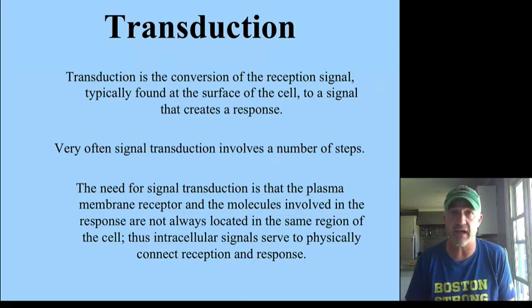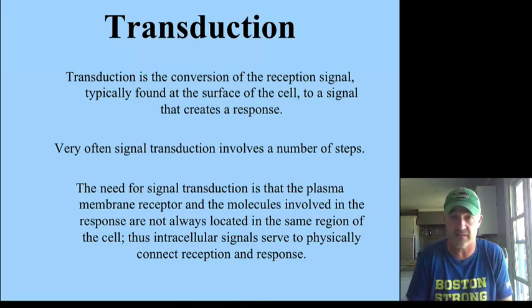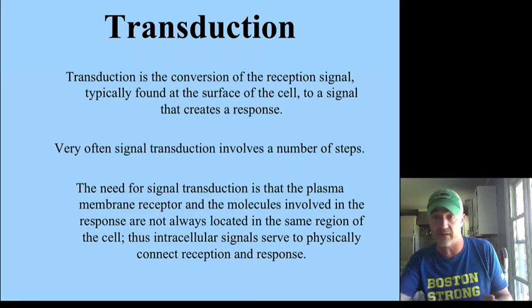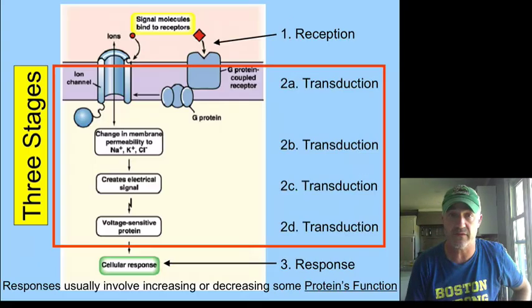If you ever take cell biology, you'll see these signaling pathways and the ridiculous complexity that there is in them. A lot of times there is a large number of steps. But usually you have something that attaches to that plasma membrane receptor, and then this is going to start moving them down this path of signaling molecules to bring about a response.